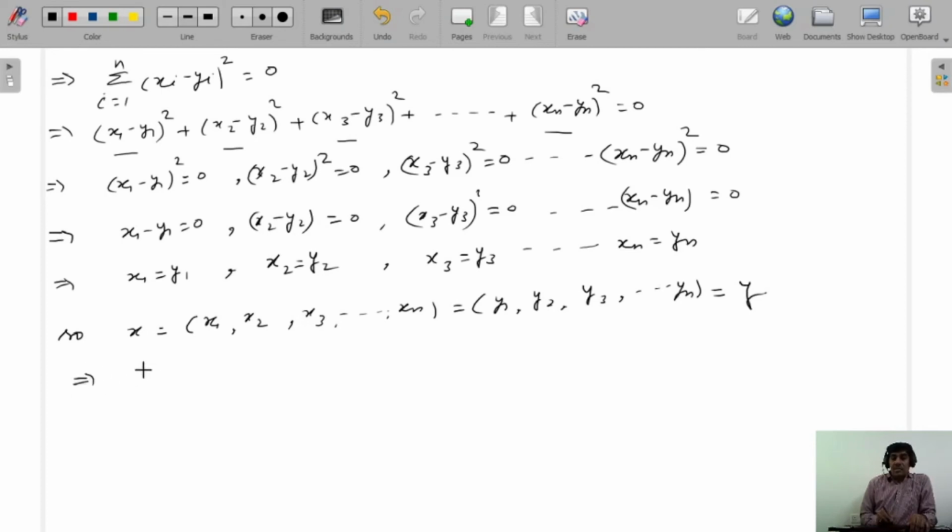This implies x = y. So if d(x,y) = 0, then x must be equal to y. Equation number 1.